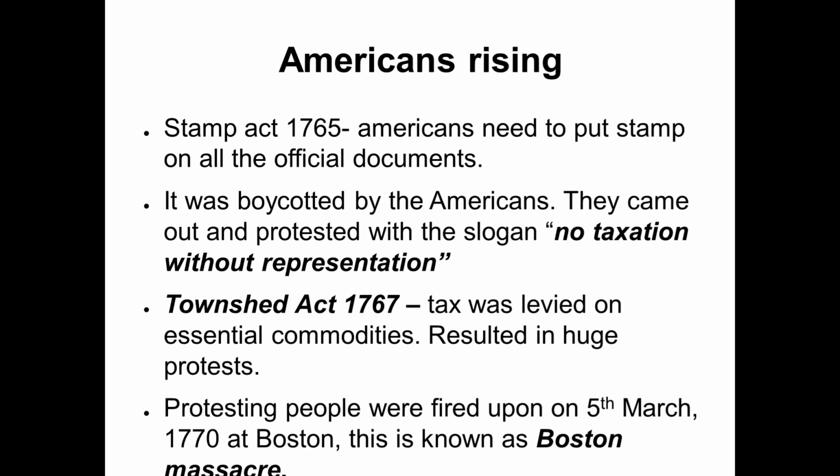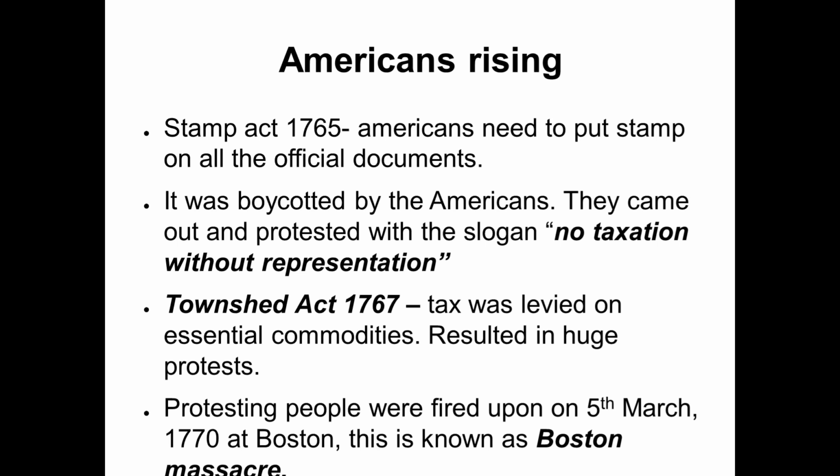Again, there were huge protests because of this very act. Essential commodities refer to daily use things. So if there is tax on stuff that you use regularly, maybe toothpaste, toothbrush, your shaving kit, anything, then of course that will not be a very friendly gesture.